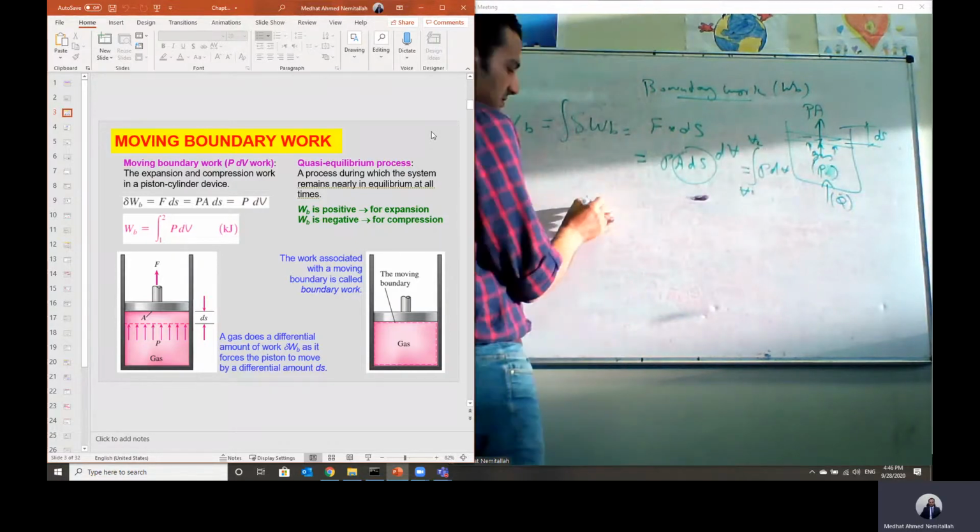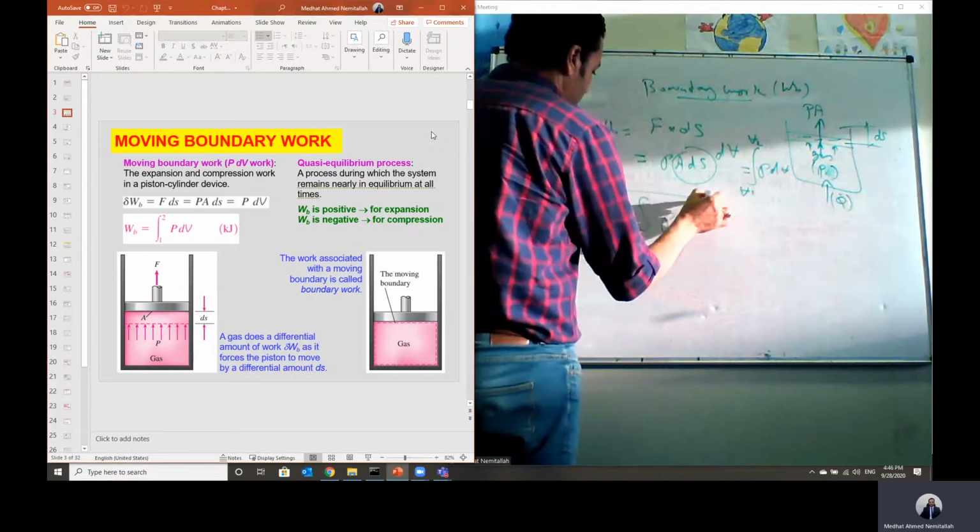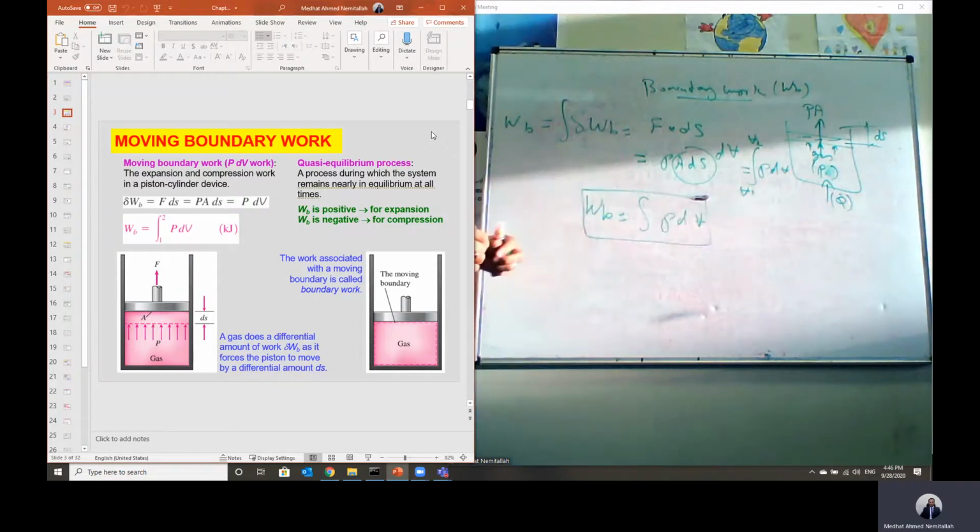So the boundary work is equal to the integration of PdV, and that's why we call the boundary work the PdV work.